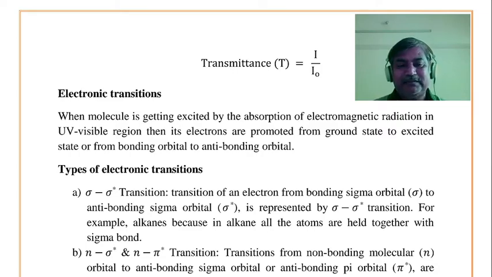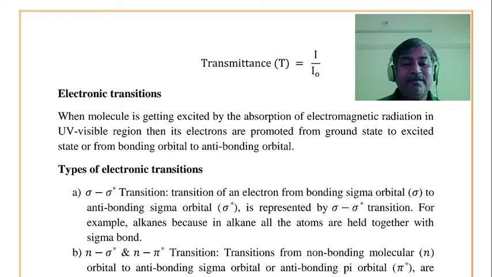Alkenes, dienes, trienes, polyalkenes contain sigma bonds as well as pi bonds, and aldehydes and ketones contain sigma bonds, pi bonds as well as non-bonding pairs of electrons.